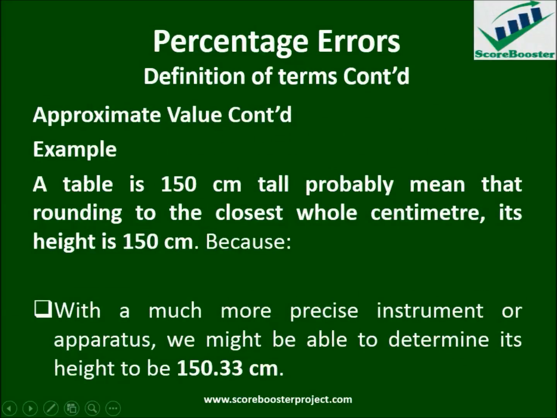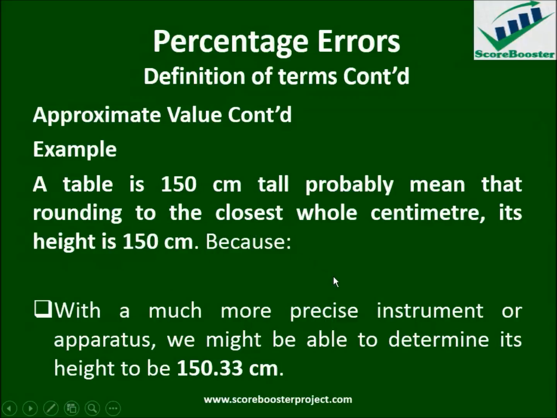So for example, a table is 150 centimeter tall, probably meaning rounding to the closest whole centimeter, its height is 150 centimeter. So whenever you see a measurement taken relative to a continuous scale, such as 150 centimeter, which is a length, the value for the height of the table in centimeter, it's an approximated value, not the exact height of the table.